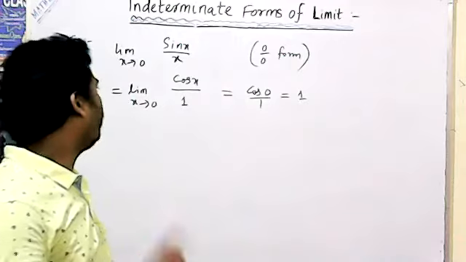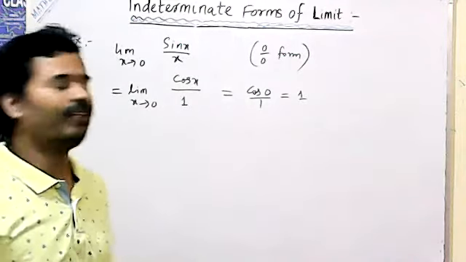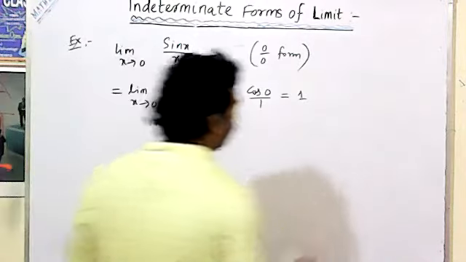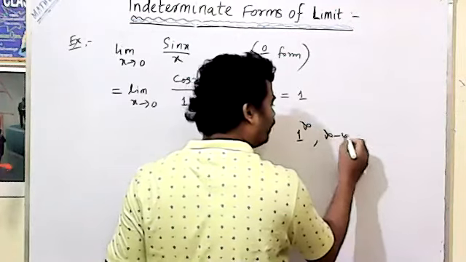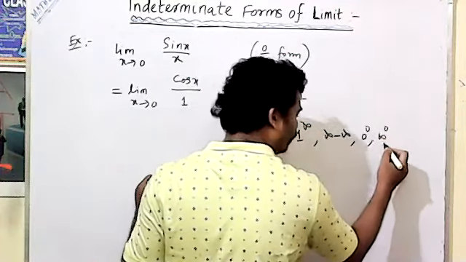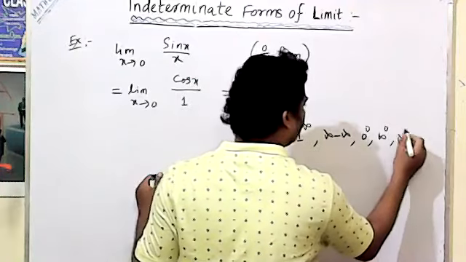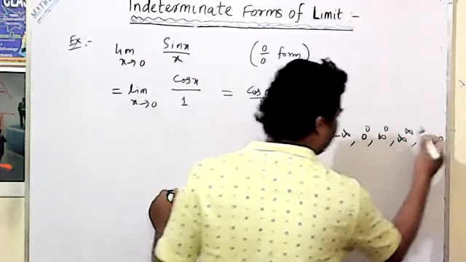If the limit is not in a 0 by 0 form or infinity by infinity form, suppose it is 1 to the power infinity, infinity minus infinity, 0 to the power 0, infinity to the power 0, infinity to the power infinity, or 0 into infinity.